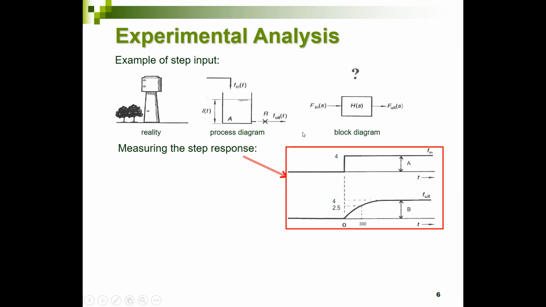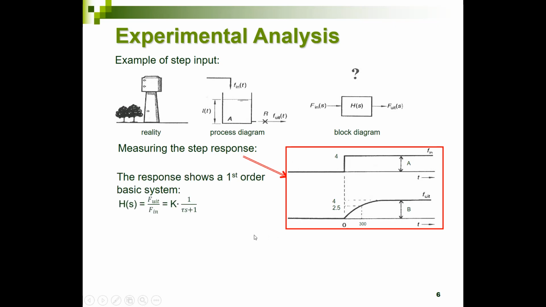And I look at the output and I see that the output behaves like this. Well, when I see that, I could say, well, this looks like a first order behavior because I see something with a kind of an exponent coming to an end value.